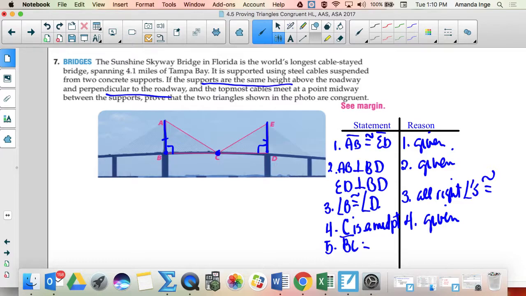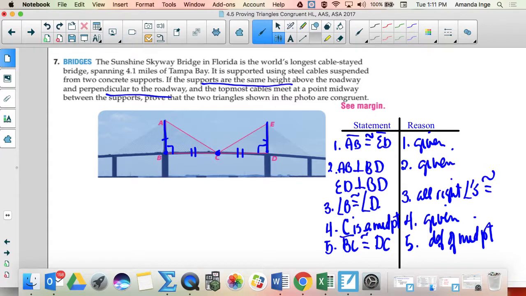They're congruent. Definition of midpoint, or probably midpoint theorem would be a better answer, but nevertheless. So that means that this piece is equal to that piece.